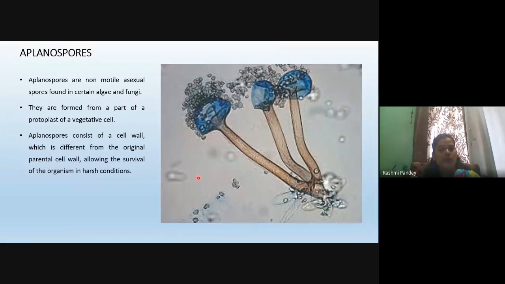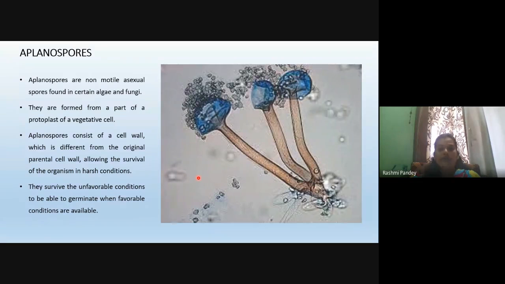Now these aplanospores may remain in the soil, in the substratum, in the air, and whenever they find that the conditions are good, they will germinate, giving rise to a new fungal organism. The only difference is they are strict, having a tough cell wall, and they do not have flagellum. Whereas zoospores have a delicate cell wall, rather not a true cell wall, and they have the flagellum for locomotion.